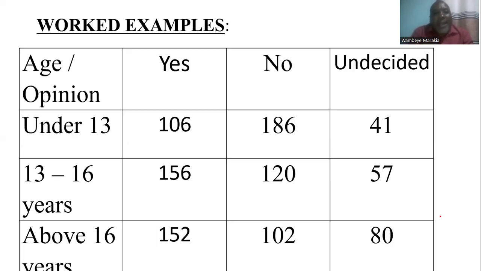In this example, the ages were categorized as under 13, 13 to 16 years, and 16 years and above. And a respondent was to respond either yes, no, or undecided. There were 1,000 respondents in this study.